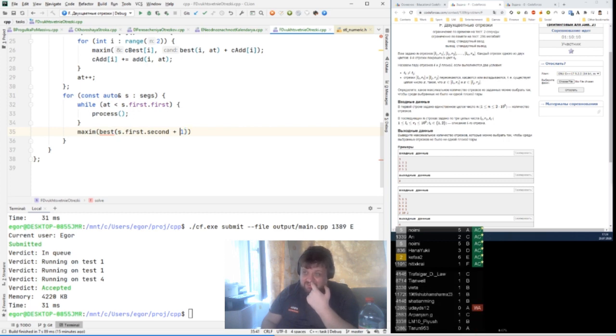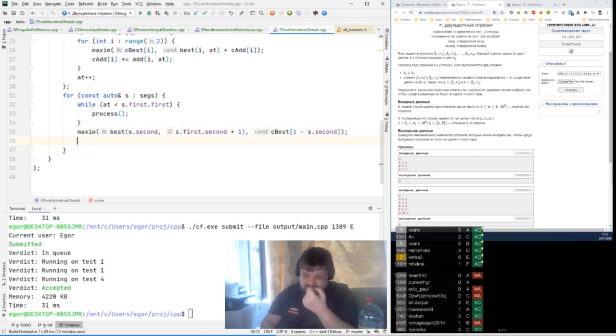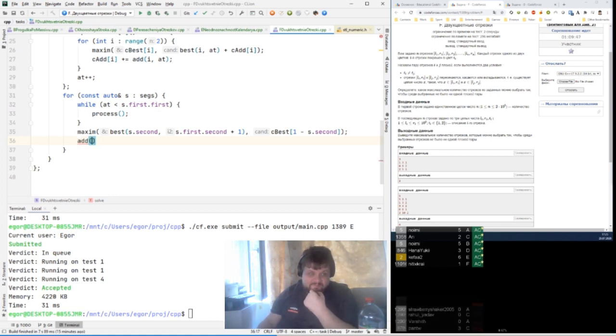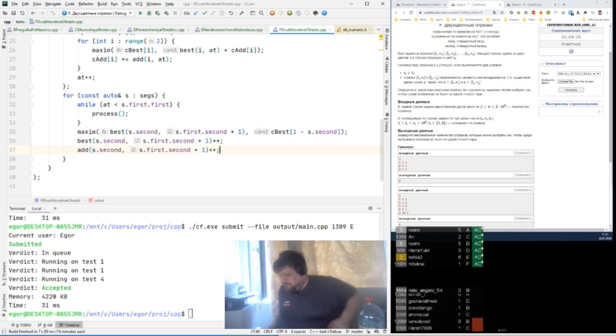What is hard in this problem is coming up with the solution itself, how to use that segment tree, because we use segment trees basically to speed up a dynamic solution that would naively work in n squared time.